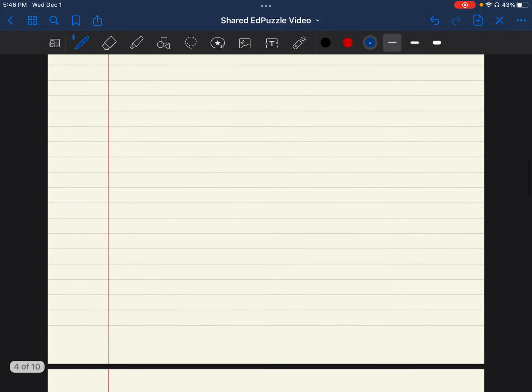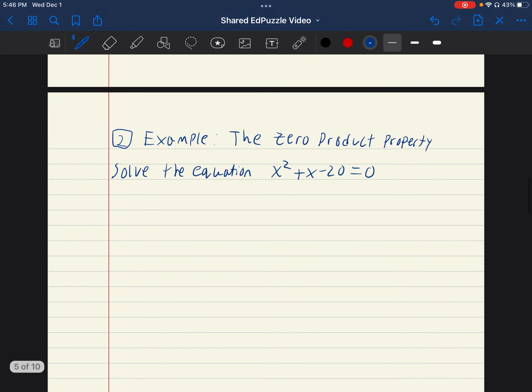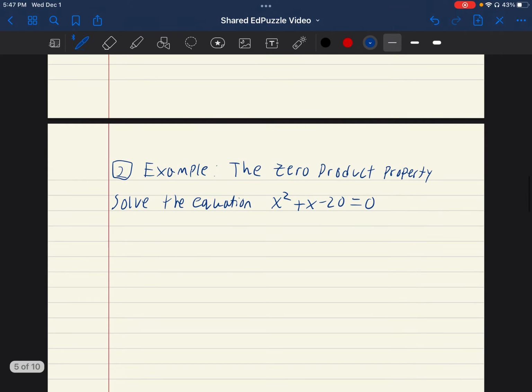Now for our second one, we have a different problem, but almost the same procedure. We have x squared plus x minus 20 is equal to 0, and we're trying to use the zero product property. Now we get the factors of 20.